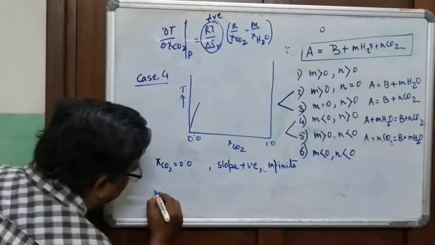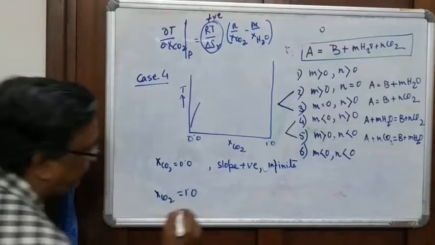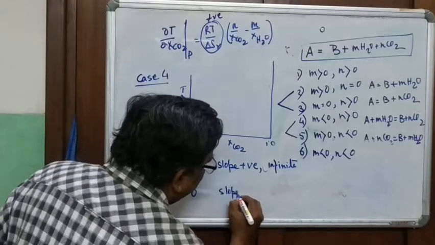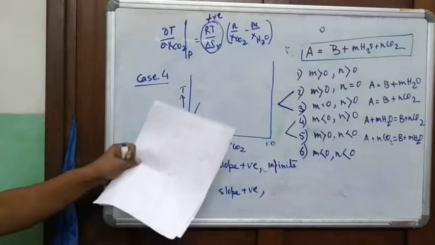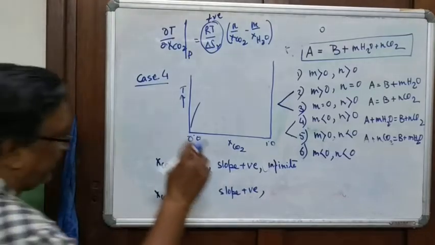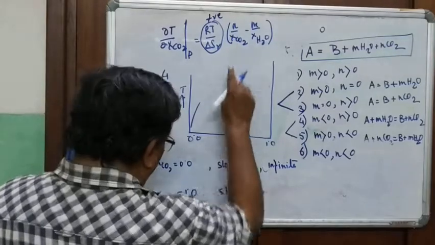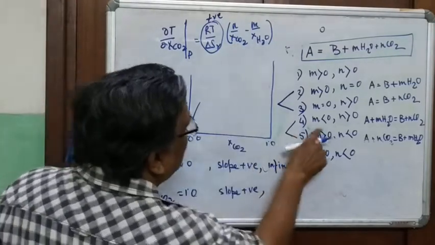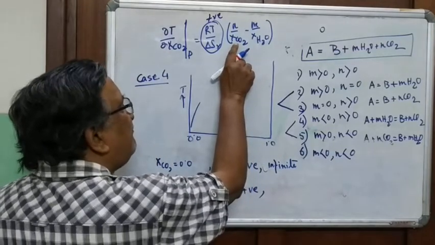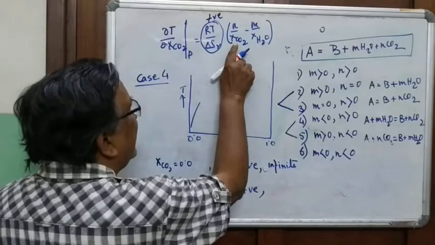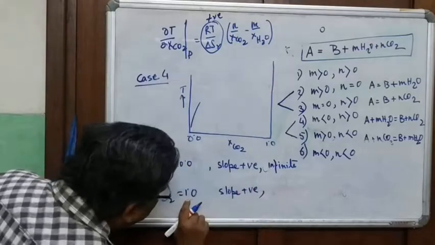Now if you go to the other end, where you have xCO2 equal to 1.0, then again as before, the slope is positive. For case 3, for case 4, the slope is positive. And you see here, at xCO2 equal to 1.0, this is a small finite value, but xH2O will be equal to 0 here.